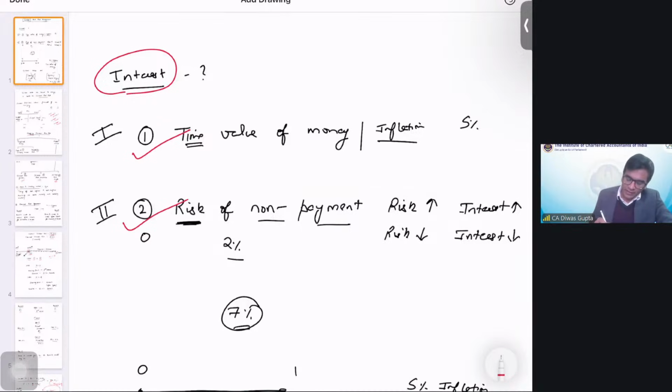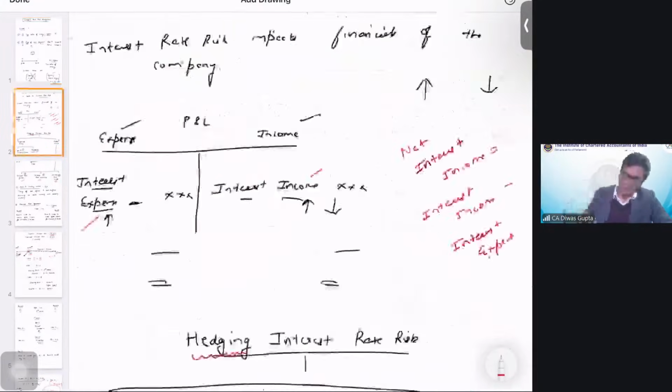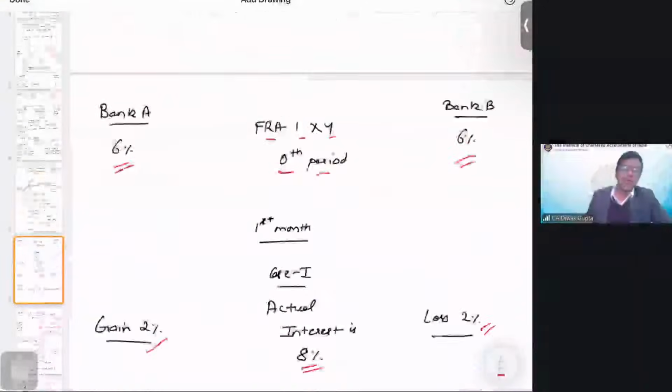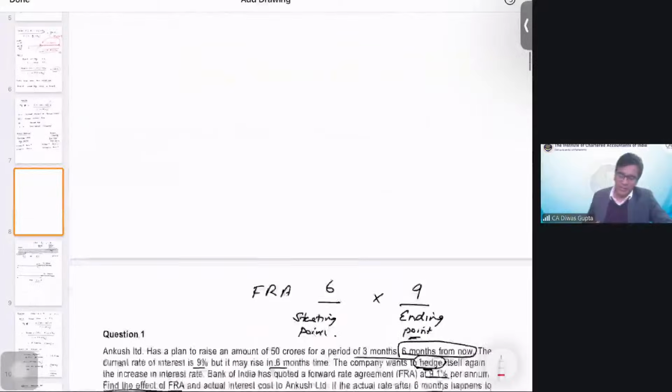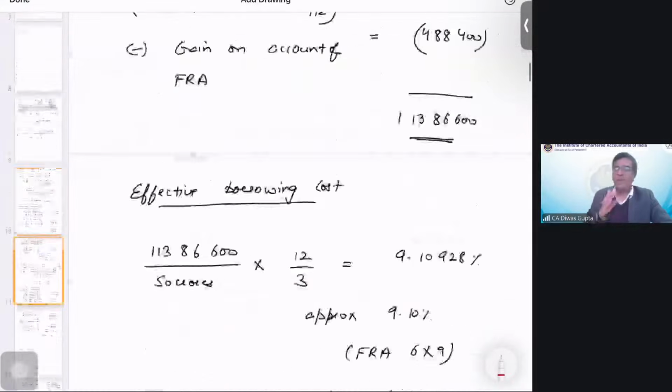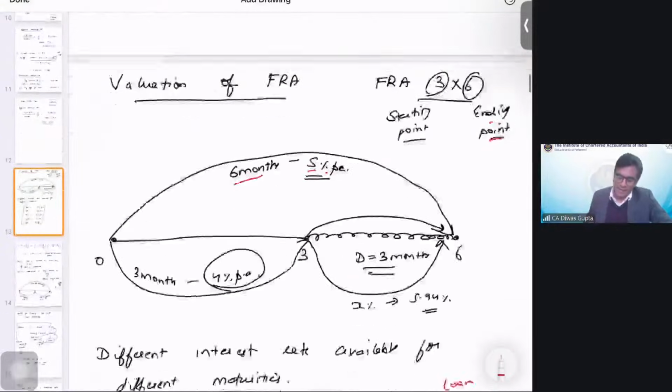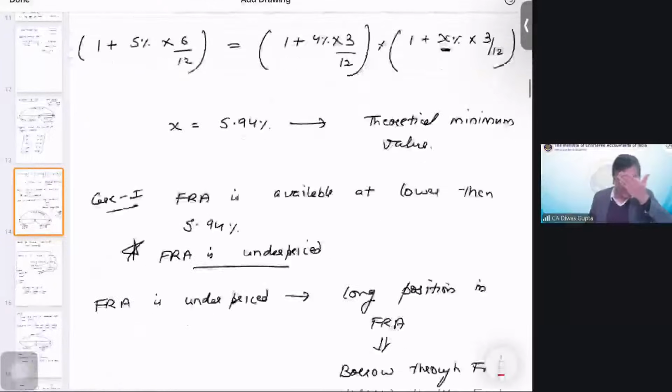If the duration is higher, the risk is also higher, because the risk of non-payment is running for a longer time, and hence you will expect a higher amount of return.